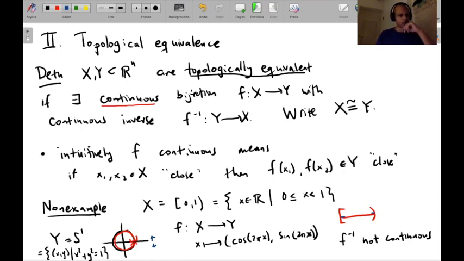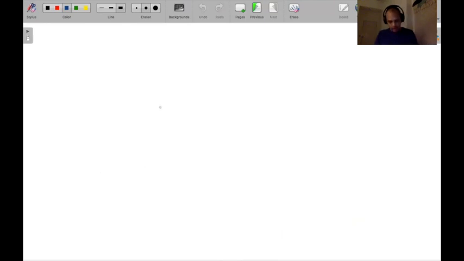I guess eventually we'll see that these two examples, X and Y, are not topologically equivalent. That doesn't follow from this discussion, but well, okay, fine.